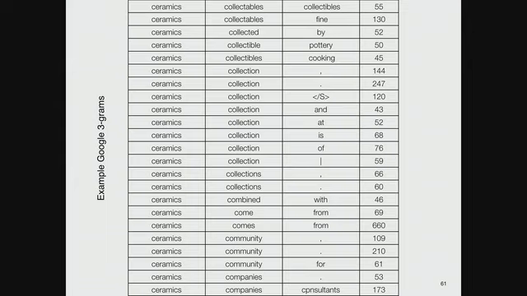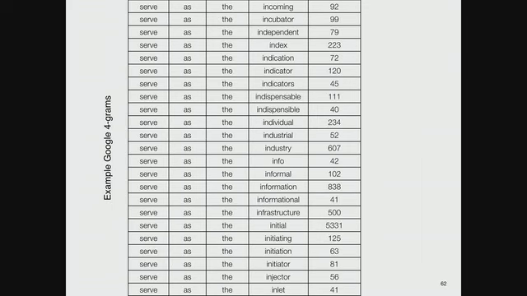Ceramics comes from occurred 660 times, which is a reasonably large number compared to some of its competitors here. If you look at 4-grams, you see things like serve as the incoming, 92 times, serve as the index, 223 times, serve as the initial, 5,300 times. Okay, so you've got all these statistics.